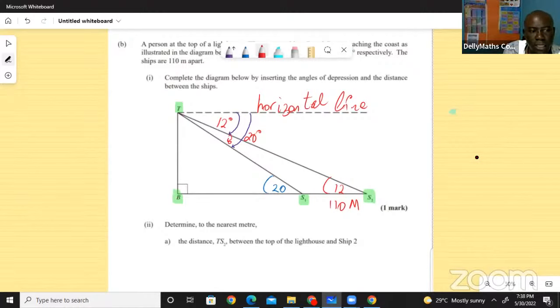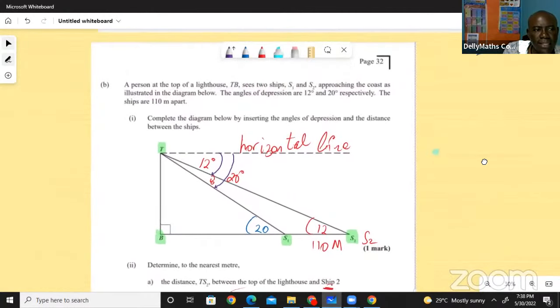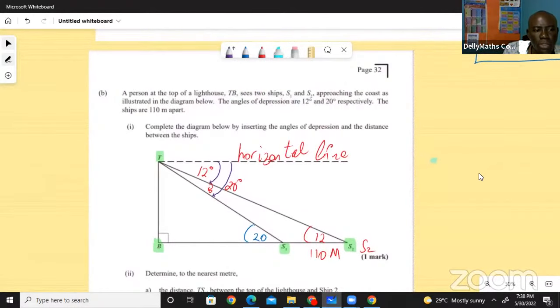Oh, the distance TS2. This is S2 out there, between the top of the lighthouse and the ship S2. So it says determine that distance.